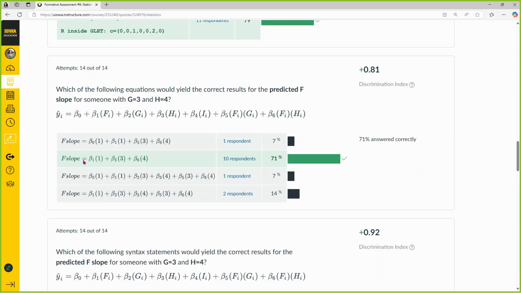Now, the F slope of 1, 3, and 4 here, if we take a look, would be okay. Why? We need the F. We need the product of F, which is going to be 1, and G, the product of F, and actually I shouldn't say the product. You actually factor them out. Technically, you did factor them out.